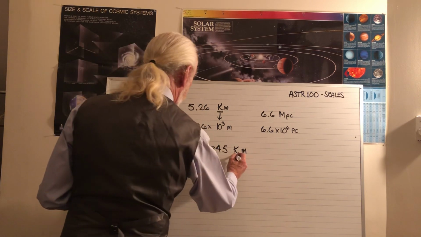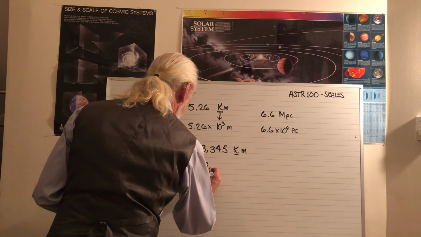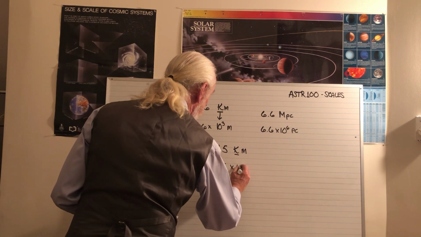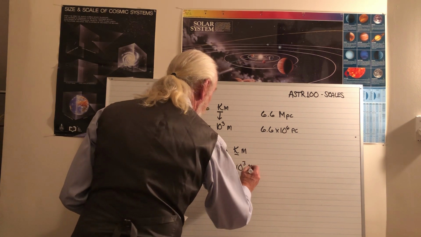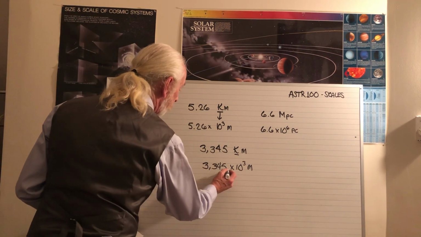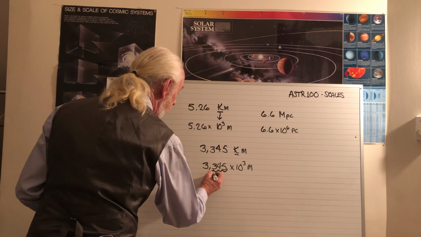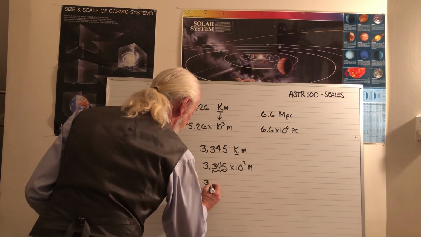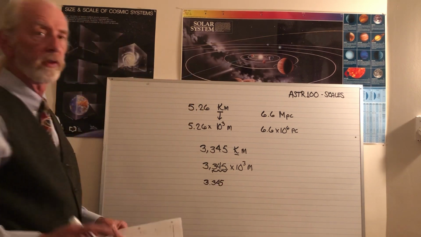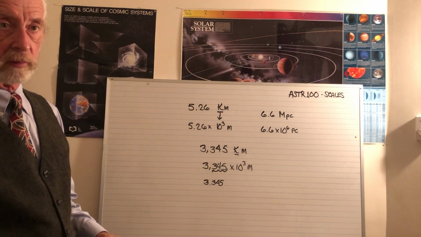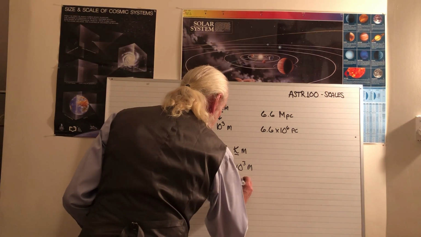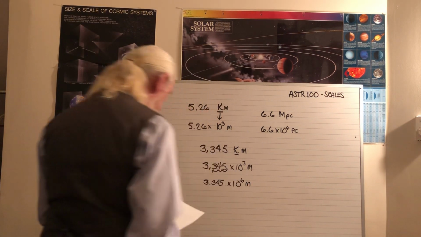That's kilo, so now I can make that 3,345 times 10 to the third meters. But if I wanted strict scientific notation, I can bump my decimal point over 3 places to the left, and it becomes 3.345. My decimal point went to the left, therefore the exponent goes up, and it becomes 10 to the 6th meters.